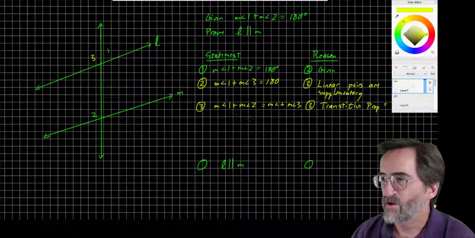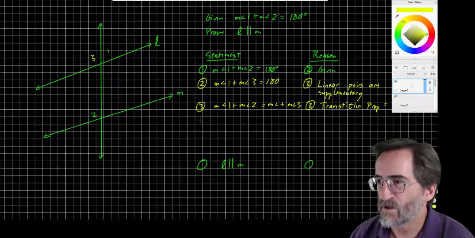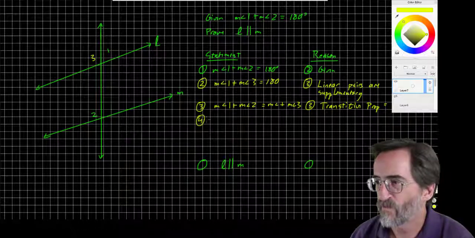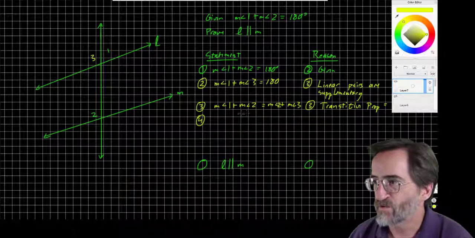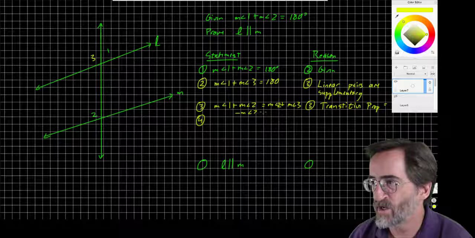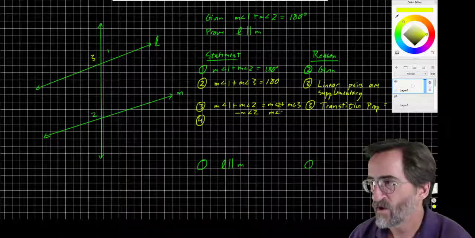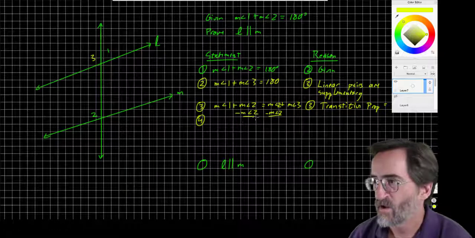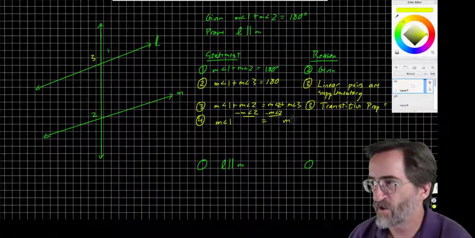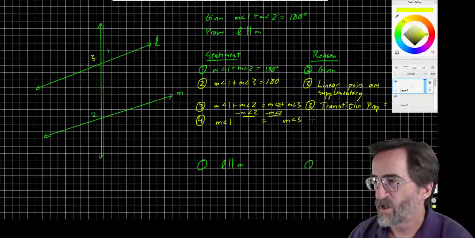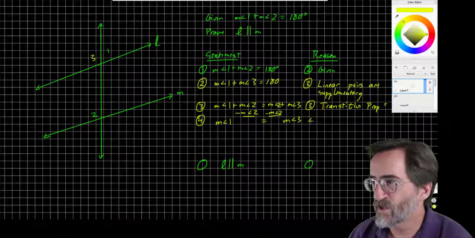Okay, now here's, let's go here. So 4. I can subtract measure angle 2. Subtract measure angle 2 from both sides. We get measure angle 1 equals the measure of angle 3. Okay, and the rule that allows us to do that is called the subtraction property.